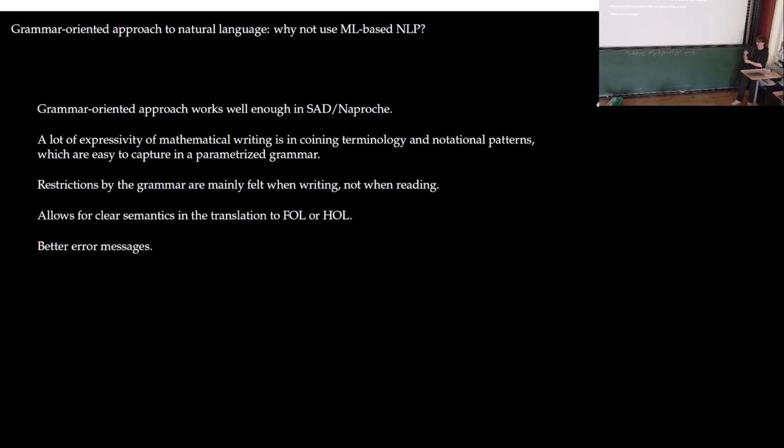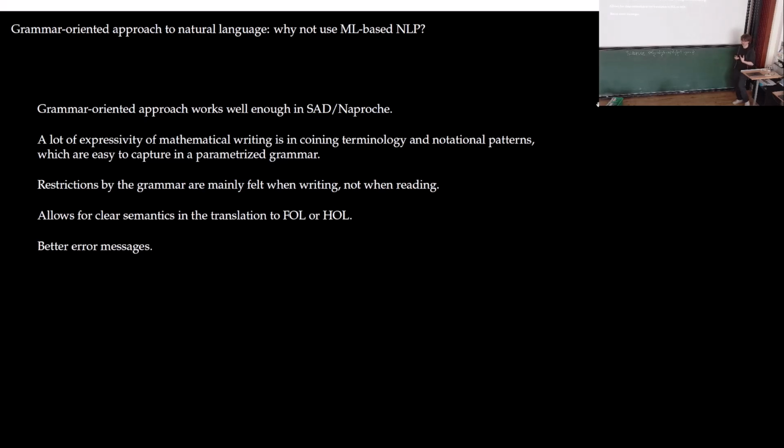And as I indicated already when answering Michael's question, the pain of writing in a controlled language is felt more when writing than when reading, right? As a reader, ideally, the end result is more or less just a mathematical text, maybe in slightly stilted language, but we've all read plenty of math documents that are in stilted language, so this is not too painful.